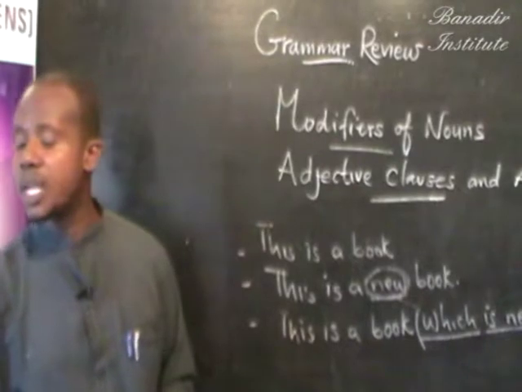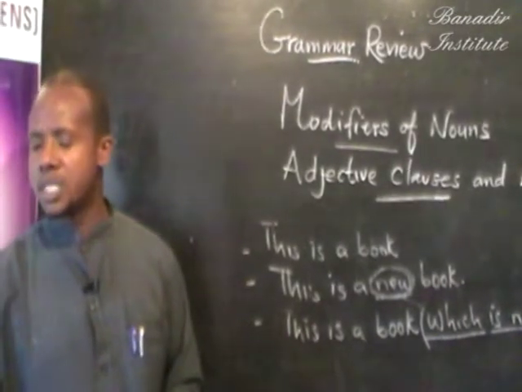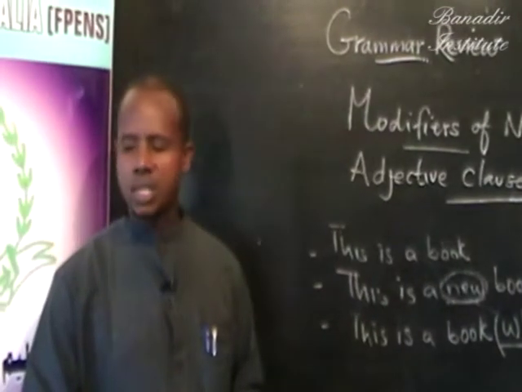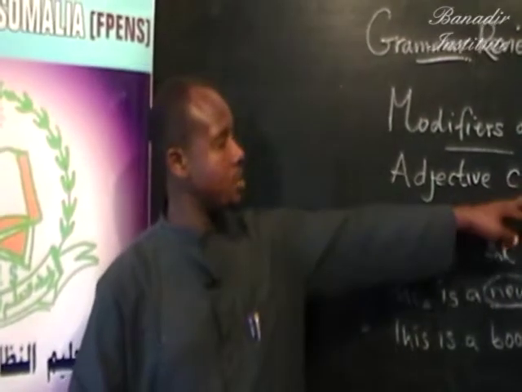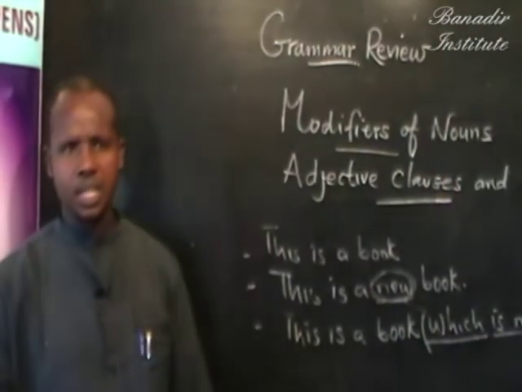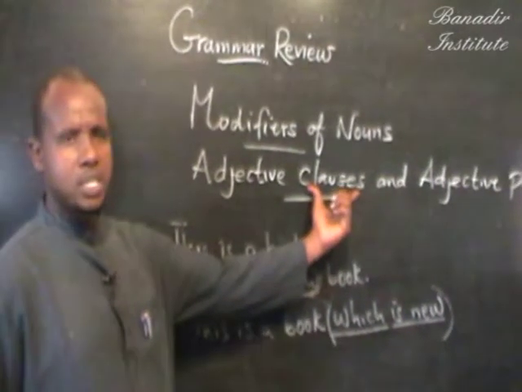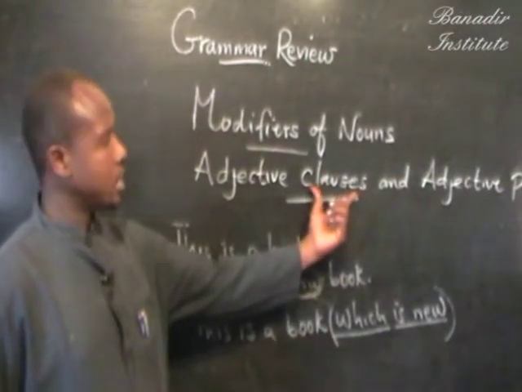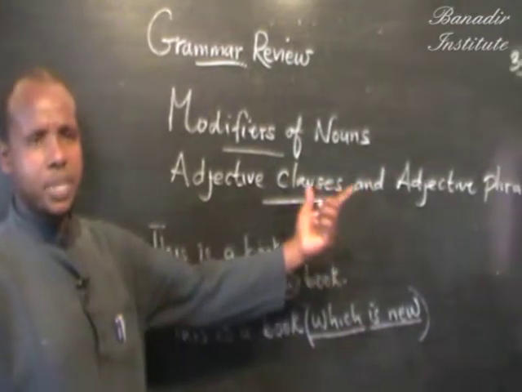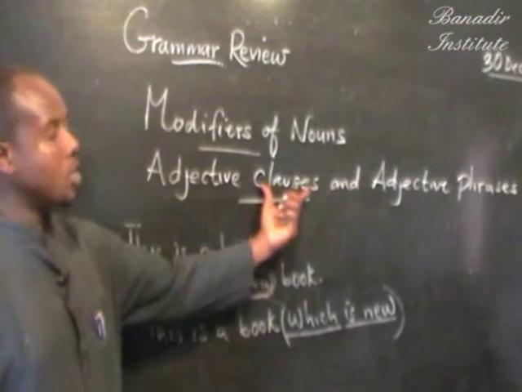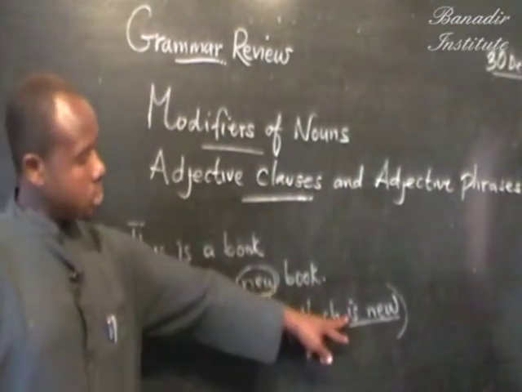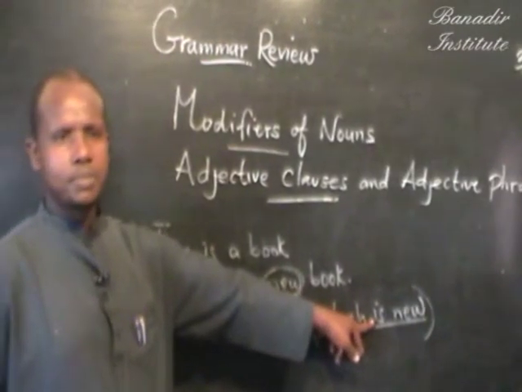Today what we want to study is adjective clauses and adjective phrases. So what is the difference between clauses and phrases? A clause is a group of words, and a phrase is a group of words, but the difference is that in a clause there should be a verb.